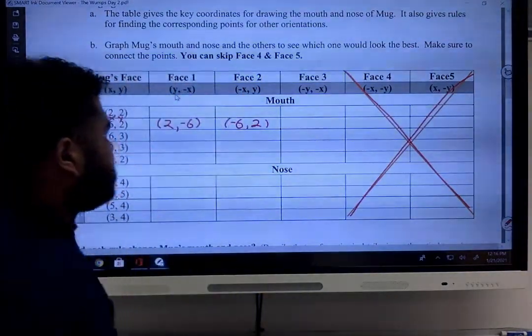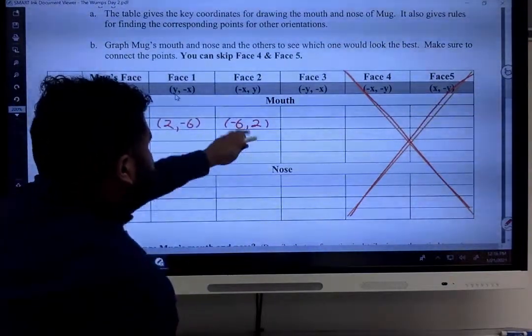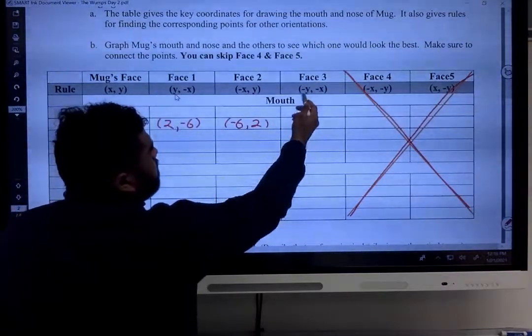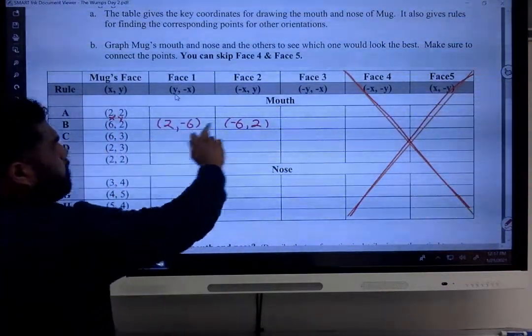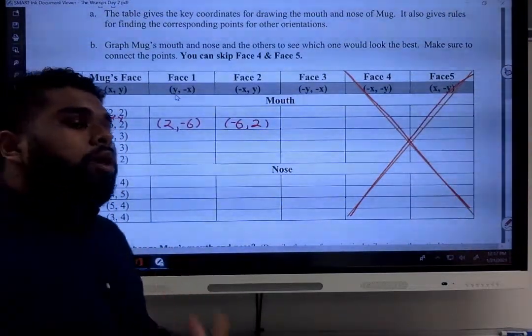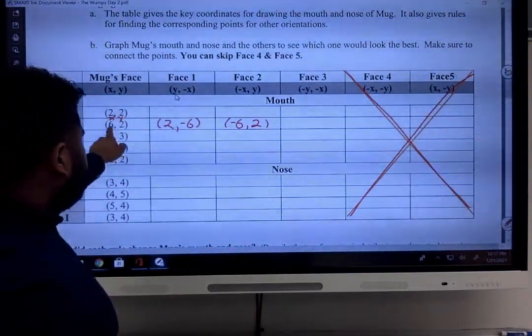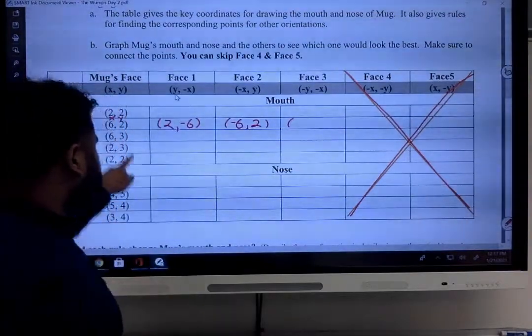Okay? So (negative 6, 2) was for face 2. And then face 3 starts out as x and y for Mug's face. But for face 3, you're going to flip the x and the y, and you're also going to flip the signs. You're going to flip both things. So we start out at 6 and 2. When we flip it, that y value will come first, which is 2.